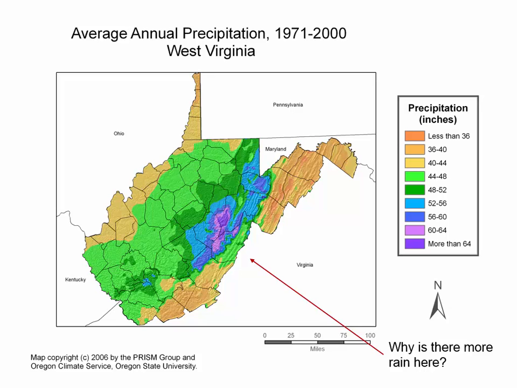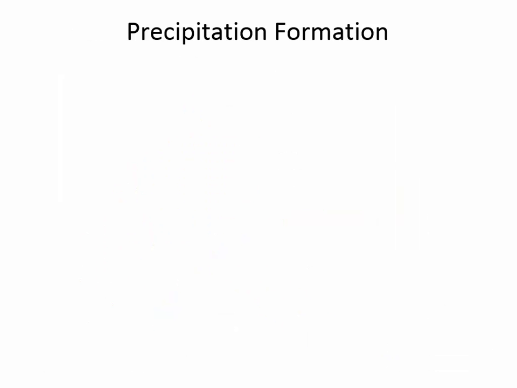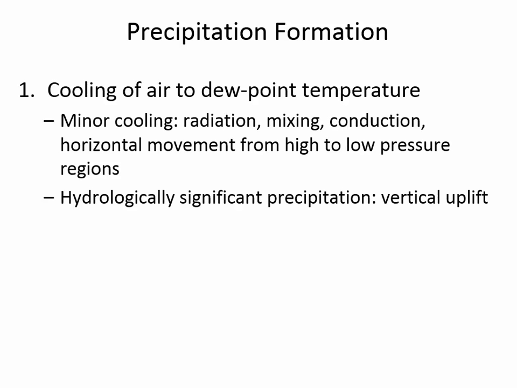So why does it rain more on that part of West Virginia? That's where the mountains are. That's the higher elevation. Rainfall is formed when moisture cools off. Cooler air causes the rainfall.